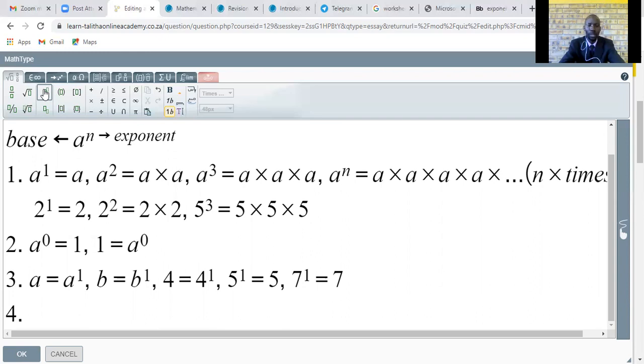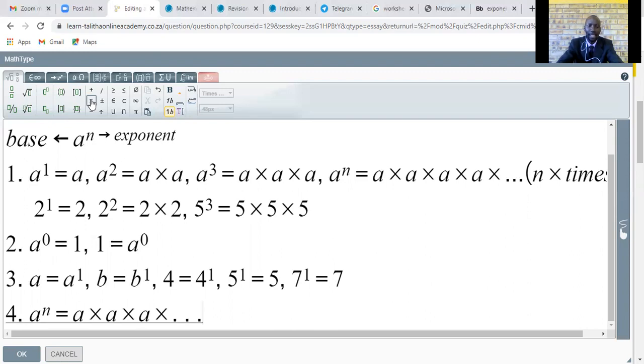For example, we had already seen that if we have a letter, say A, with exponent n, this means by definition that A will be multiplied by itself n times, like A for the first time, then A for the second time, then A for the third time. We can keep multiplying it again and again, up to n times.